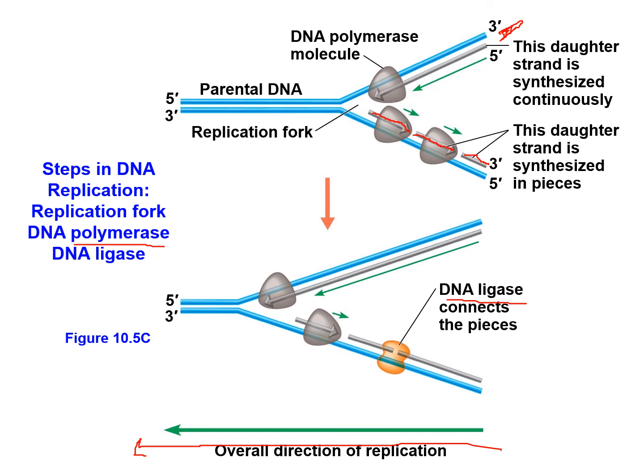It's the big gray structure in this figure. And on the side that it can go 3' to 5' and fit in there, it just makes one continuous strand. On the other side, because it can't fit in there, it does little snippets, keeps backing up, and then those snippets are connected with the ligase.